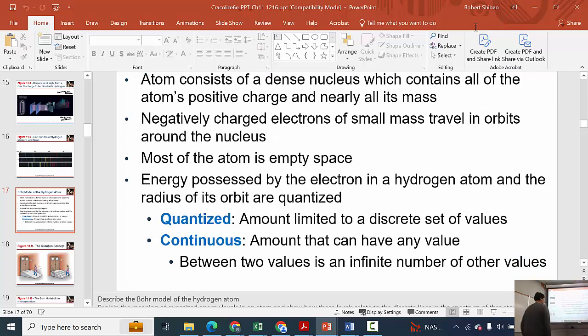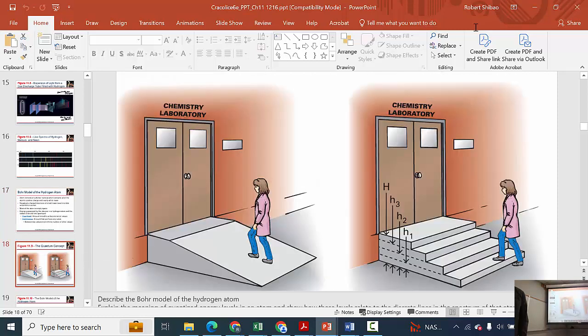We call that quantized energies, because quantized means there are discrete energies that are allowed and other energies that are forbidden, versus continuous. Quantized versus continuous energy. One analogy people use to talk about quantization of energies is gravitational energy.